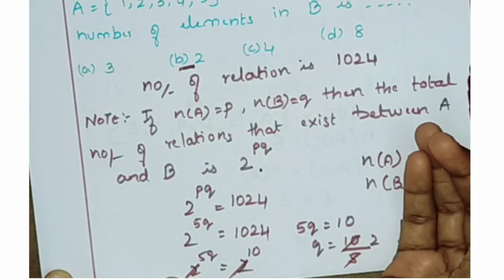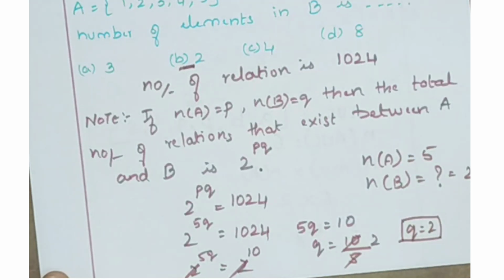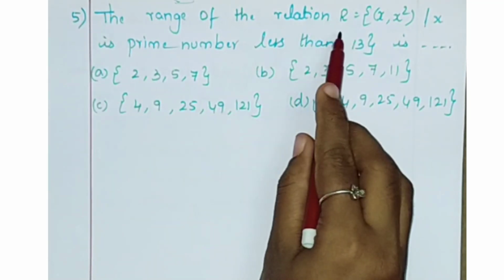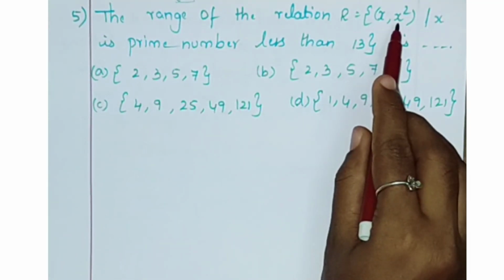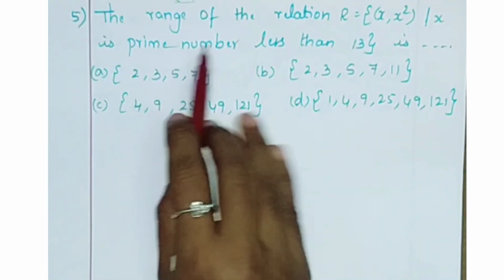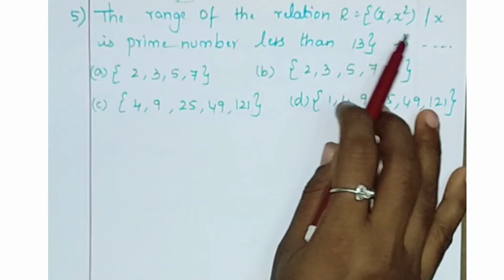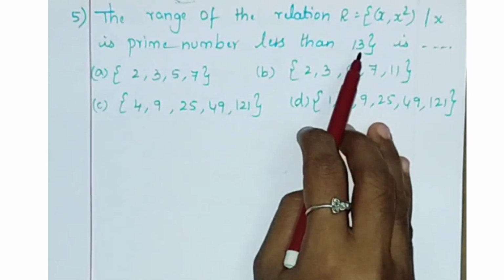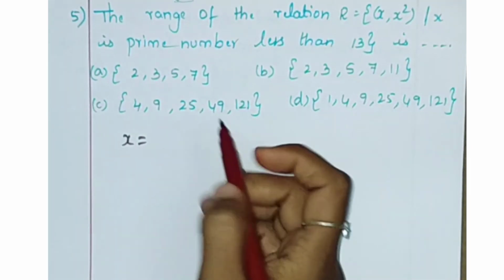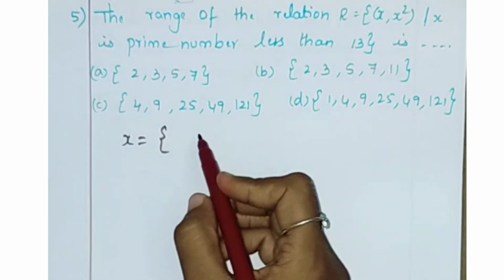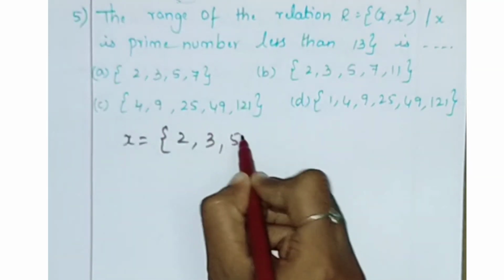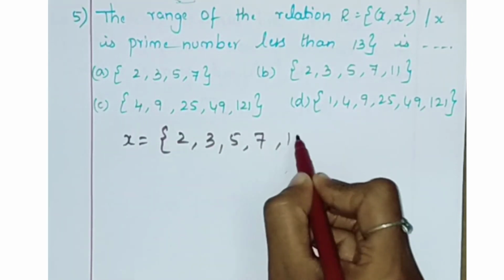Okay, now we'll see the next sum. Fifth question. The range of relation R is {(x, x²)} such that x is a prime number less than 13. So first we'll list out the prime numbers less than 13: 2, 3, 5, 7, 11.